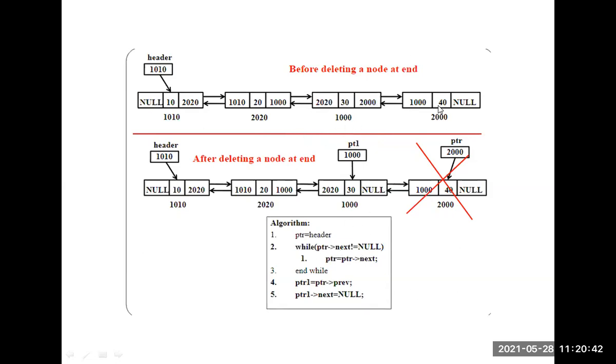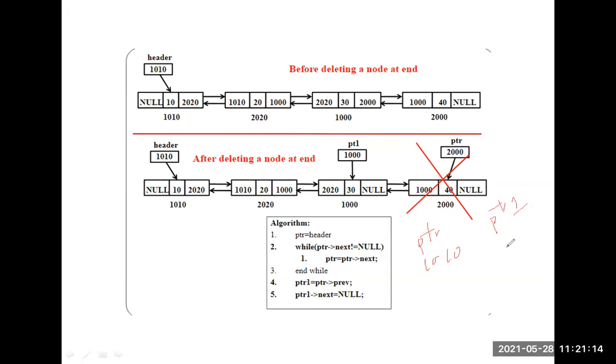So in the first case, here PTR is 1010 and PTR one is null. Consider that I am tracing two variables, PTR and PTR one.